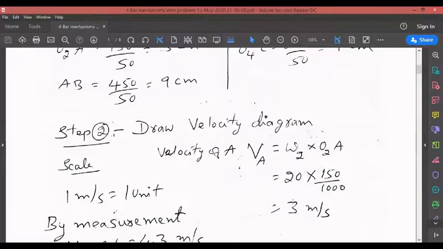So we got 3 meters per second as a velocity of point A, which is on crank, that is, on link 2. So this is an absolute velocity, since the velocity of point A with respect to fixed point O2 is called an absolute velocity. So VA will be 3 centimeters line. So let us draw that velocity diagram as a second part.